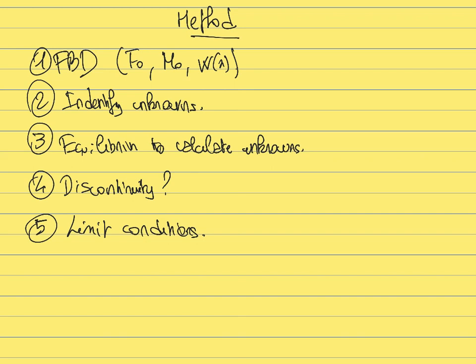Provided that they are given with the right sign convention, you can write that the internal shear and internal moment at the two edges are equal to the external shear and external moment. If not, then you will need to add a minus sign.